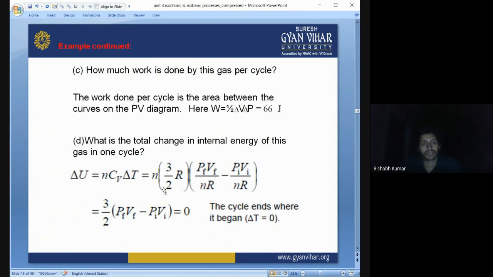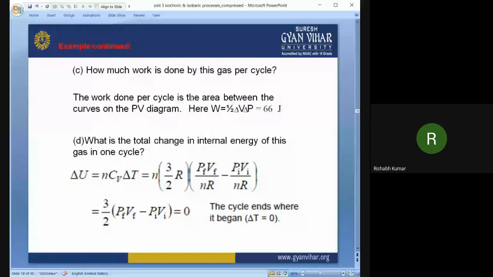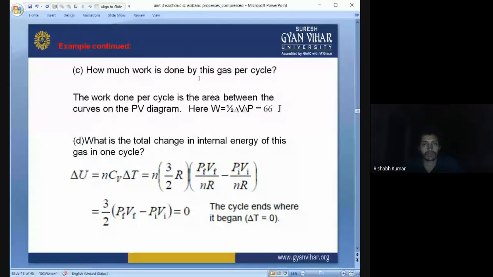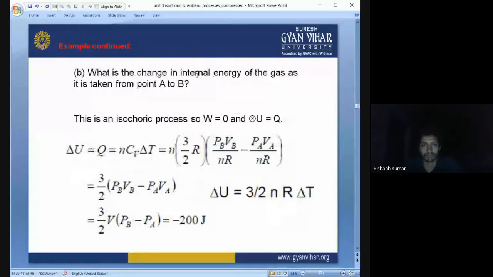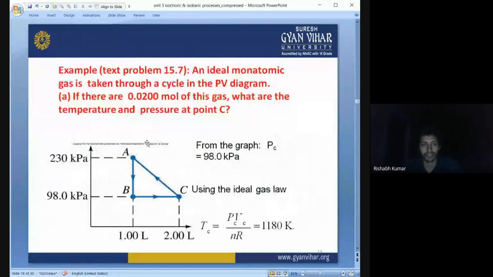Now the next part: per cycle, work done is going to be area bounded by the curve, the area that is enclosed in the curve, right?